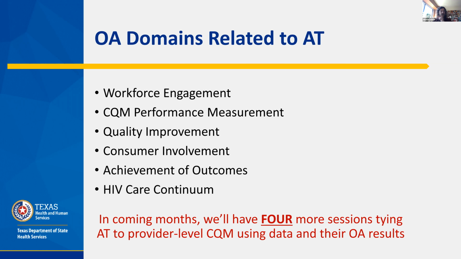In coming months, we'll actually have 4 more sessions tying Achieving Together to provider level CQM using their data and using OA results from the provider level. So that's something to look forward to, that we have this granular provider by provider way of thinking and tackling this. But today, we're going to keep our thinking at the AA level and what we do as a system for our regions.